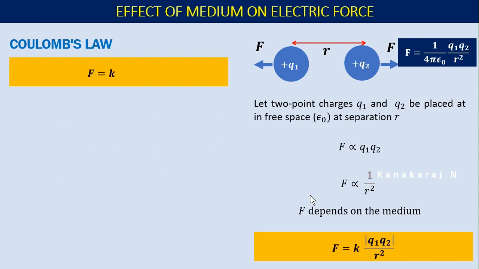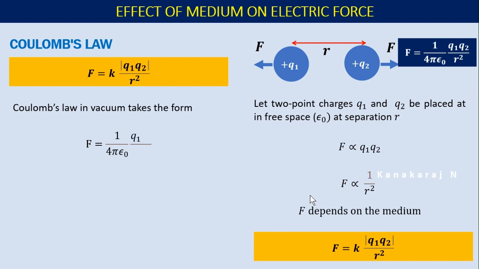So let us now write Coulomb's law in vacuum. F equals 1 by 4 pi epsilon naught Q1 Q2 by r square. Here K is replaced by 1 by 4 pi epsilon naught. So K equals 1 by 4 pi epsilon naught. The value of this K is 9 into 10 power 9 Newton meter square Coulomb power minus 2.